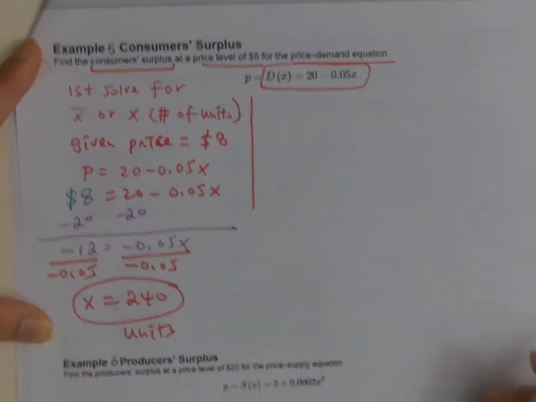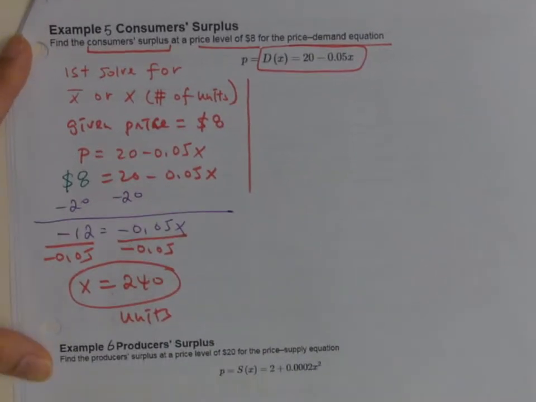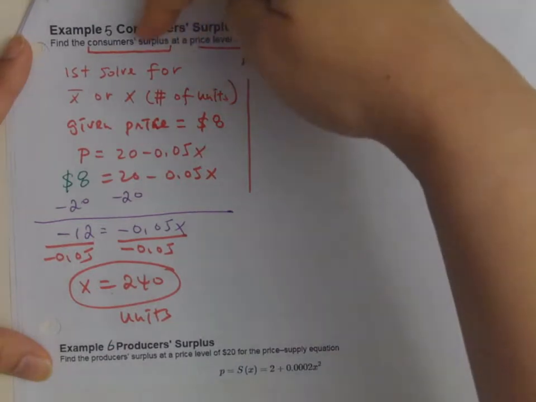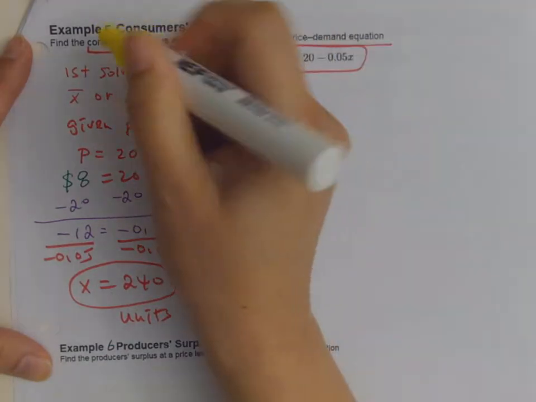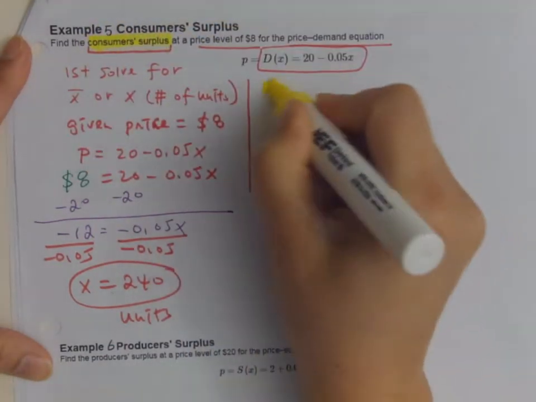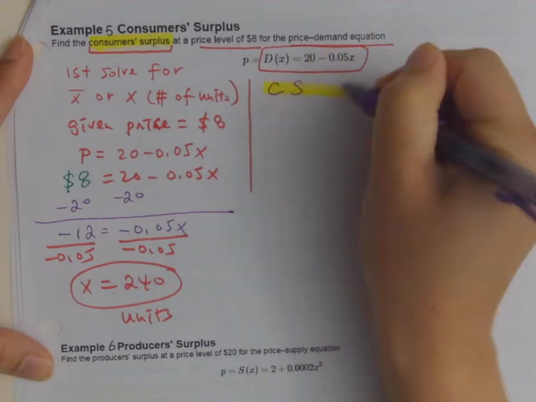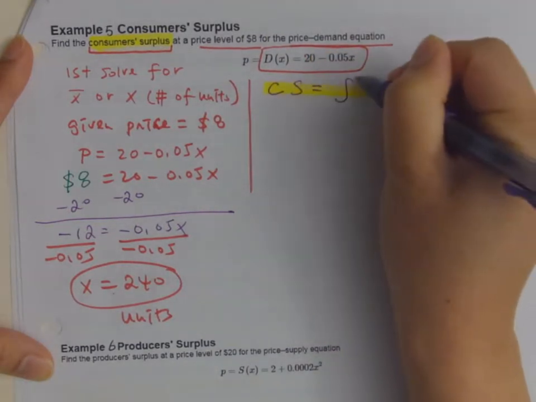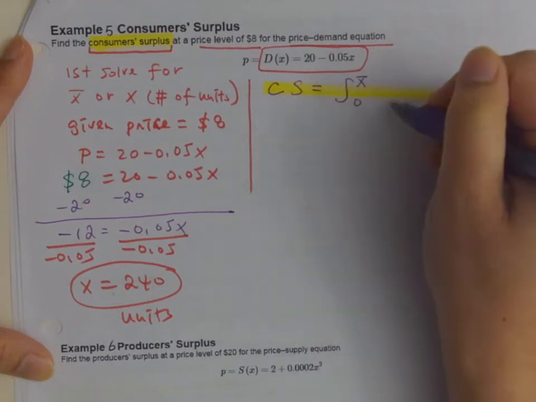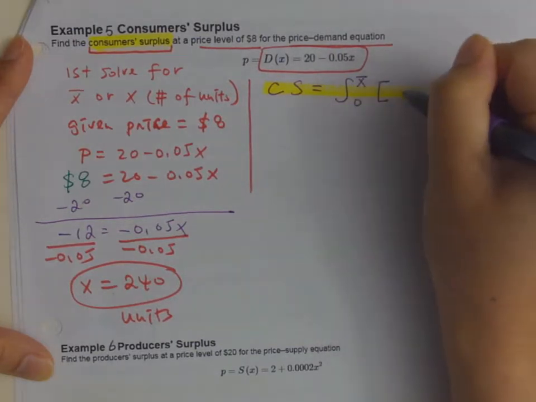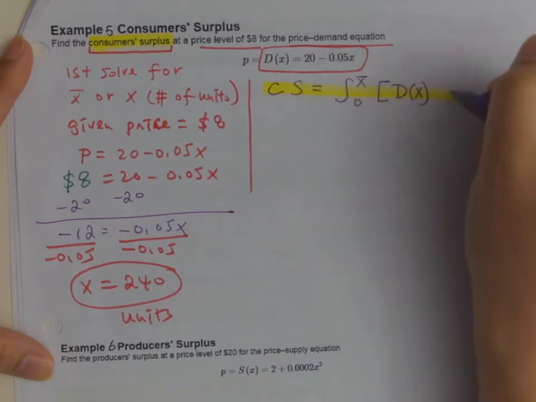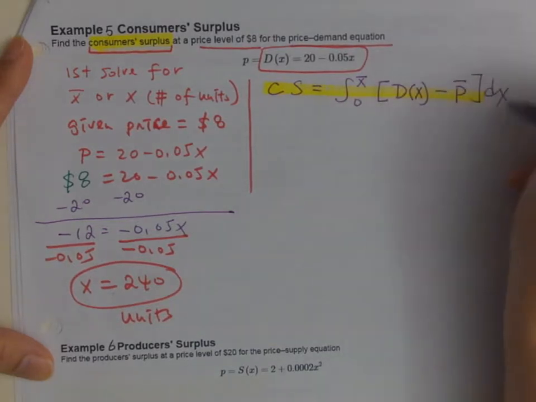So once we have this number, we can plug it into what they want to find, which is consumer surplus, right? So the consumer surplus formula says that consumer surplus equals the integral, with the limits being how many units, and then inside the parentheses we put the demand price function subtracting the price given to you, and dx.